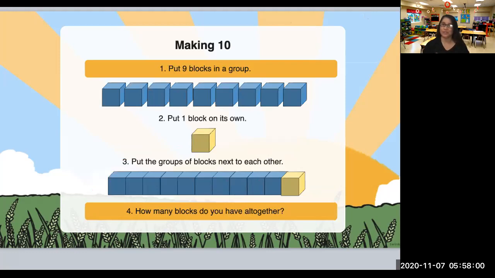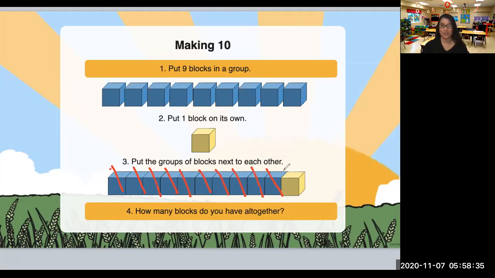Now, imagine that you have 9 blocks and then you want to put one more block together. How many blocks do you have all together? I want you to count. If your answer is 10, you are correct. Let's count them. 1, 2, 3, 4, 5, 6, 7, 8, 9, 10.